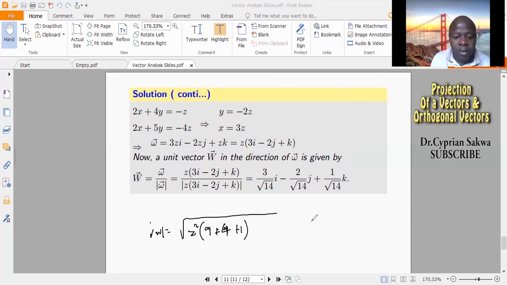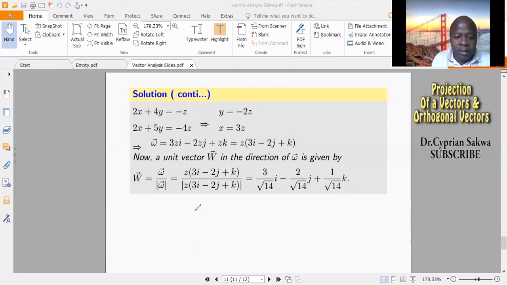So this will just be z times the square root of 14. This is now the magnitude of omega, z root 14.